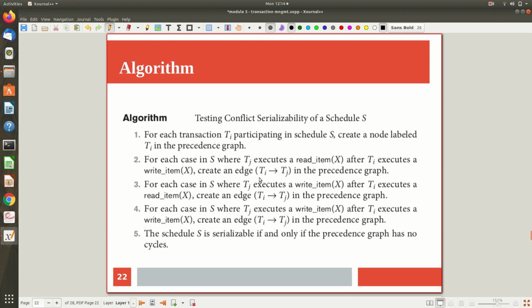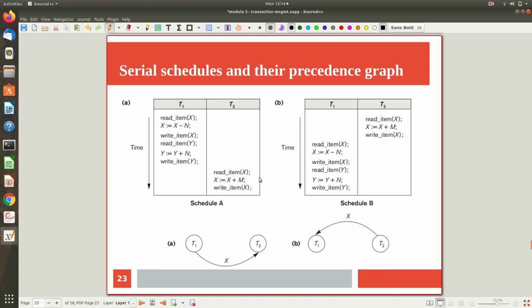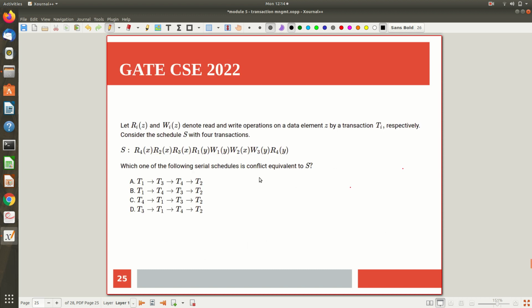So okay, I will take an example and explain it to you. Accordingly I can have an edge from Ti to Tj, and there are other situations also. We will take an example and explain, okay. These are all examples given, but I think we will take a problem that was asked in GATE, and with the help of this problem I will explain clearly how this serializability checking can be done, okay.